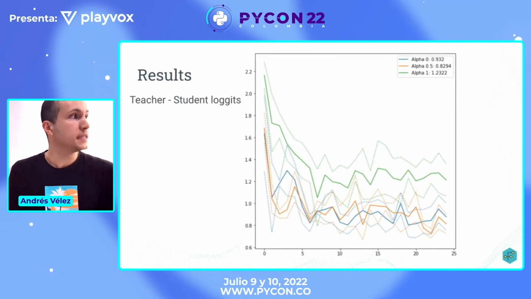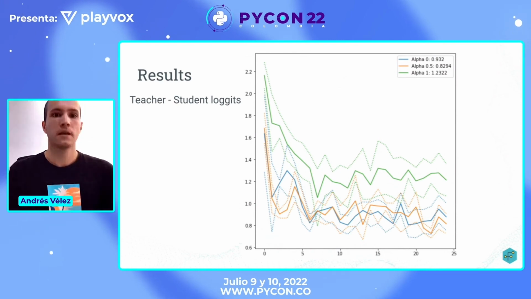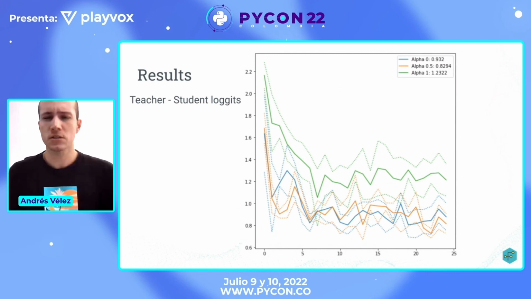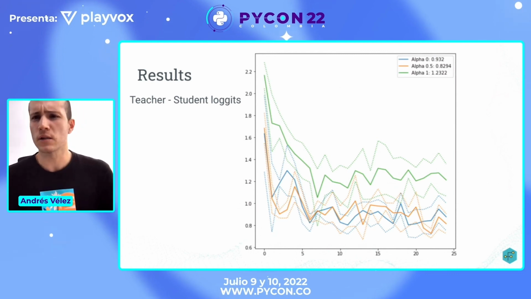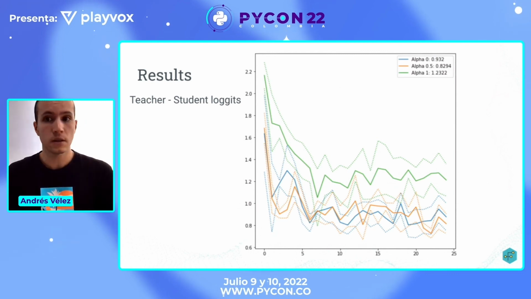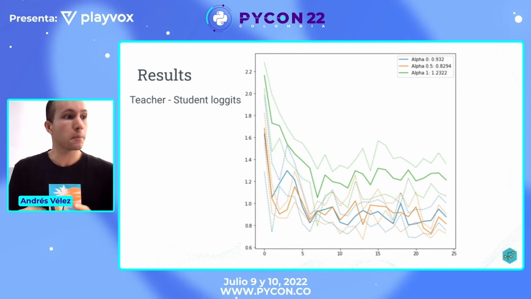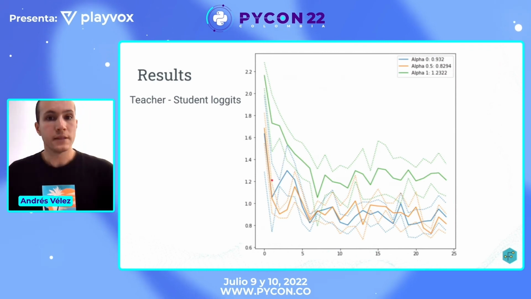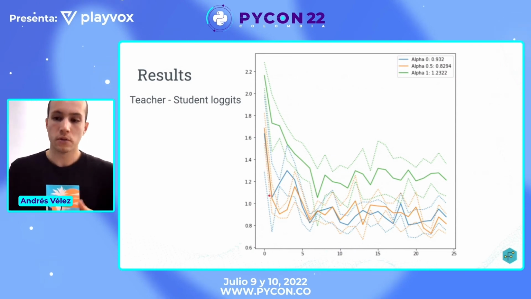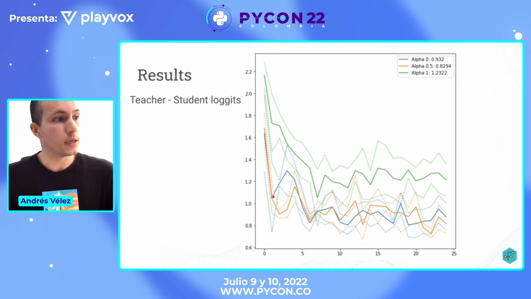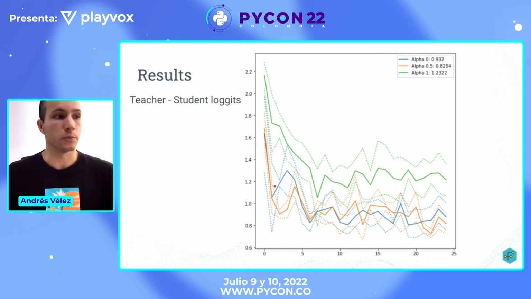For the teacher and the student logits, we have the following. The difference between the teacher and the student logits when using alpha equal to 0 and 0.5 evolves in a similar manner. This means the optimization process is behaving as expected, since what we want is for those logits to be as close as possible, as equal as possible.